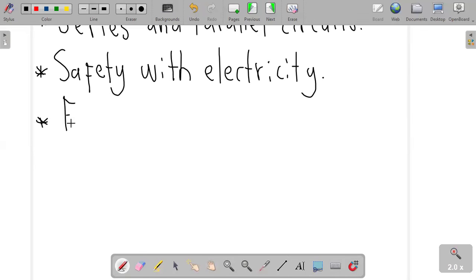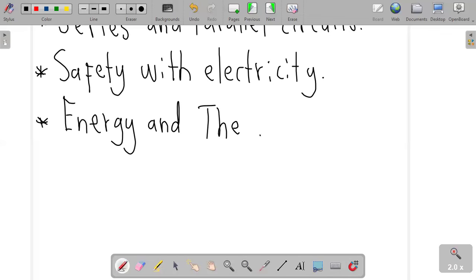Then we get into energy and the national electricity grid.